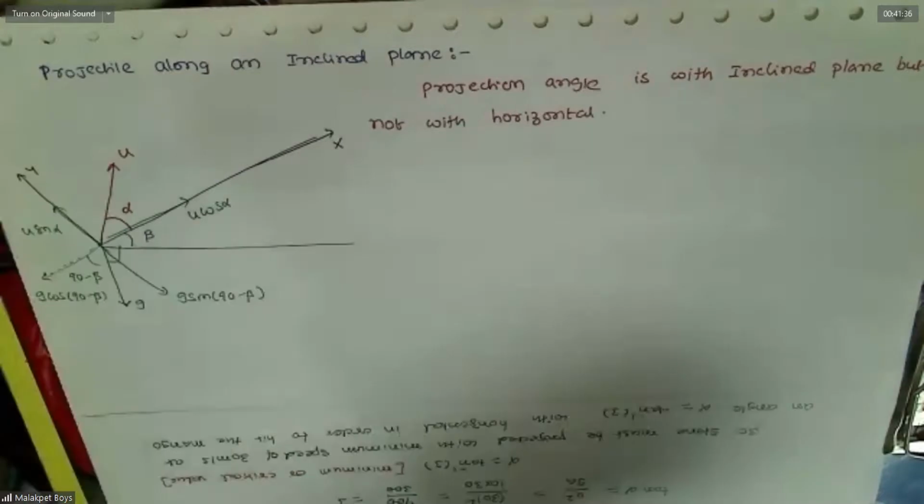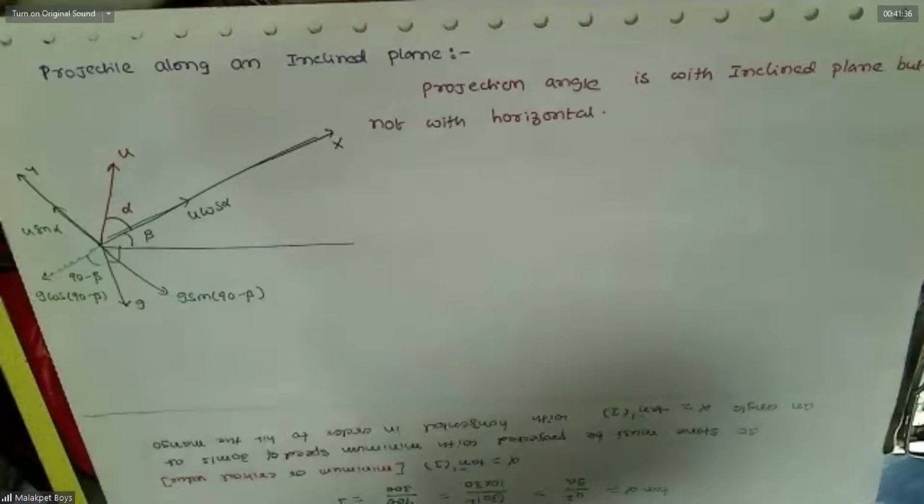Understood this? Now what inferences you can draw is, you can get ux is u cos alpha and ax is minus g because it is in the negative x direction. Observe this. So this is nothing but minus g sin beta.